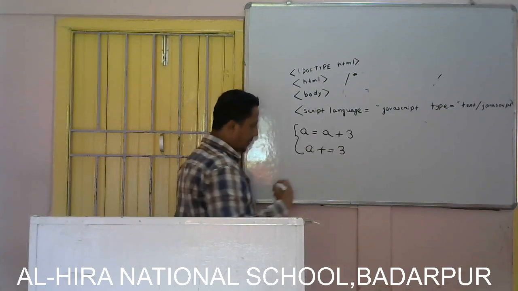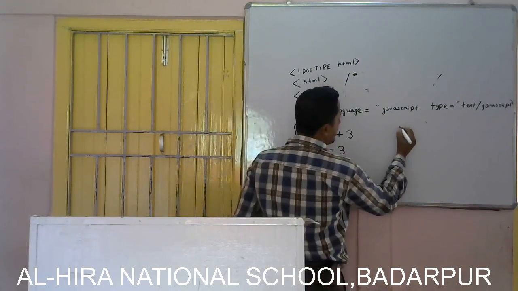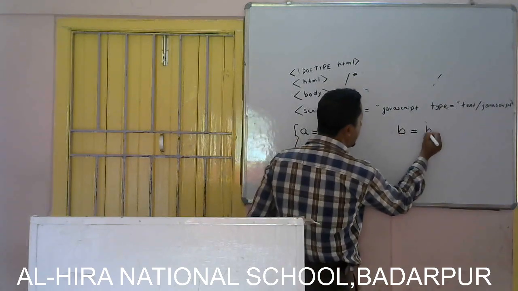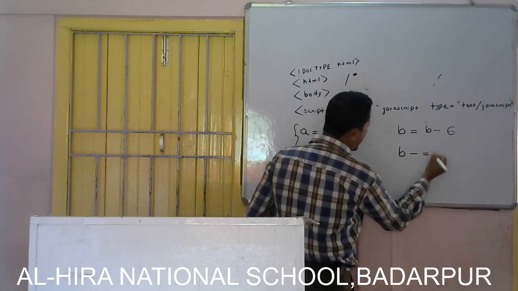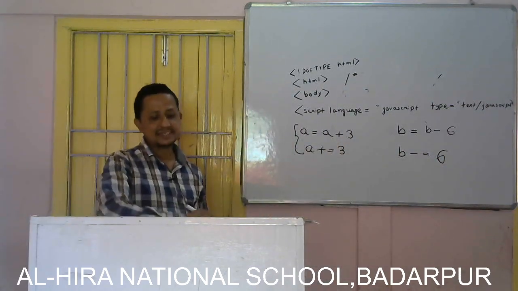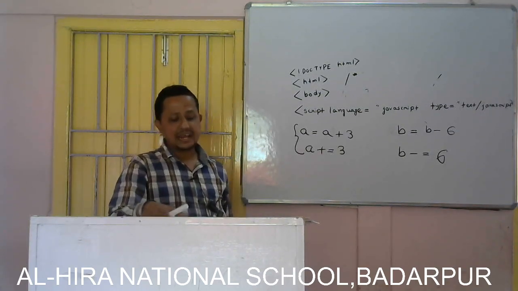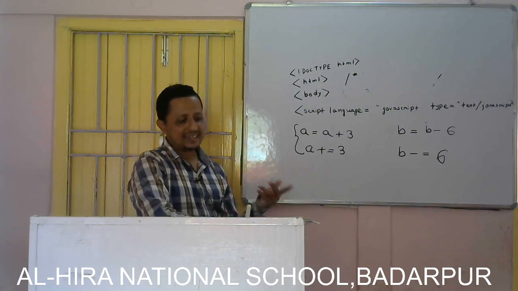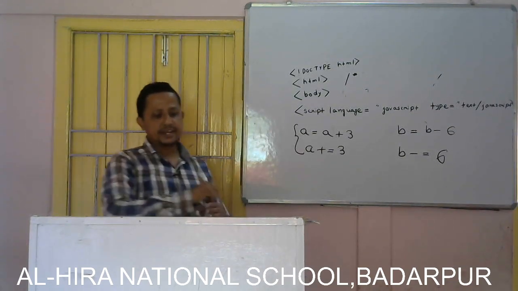Say I am writing B is equal to B minus 6. I can write like this: B minus equal to 6. So these are known as compound assignment operators, and you can see examples in the book. This is very easy, you can study yourself.